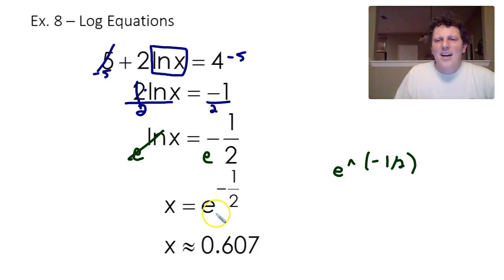E is kind of like pi. You're always going to get a really long decimal. It's an irrational number. When you plug this rounded answer back in for x in your starting equation, because you're rounding it, you might not get exactly 4, but you'll get really close, and that is okay.